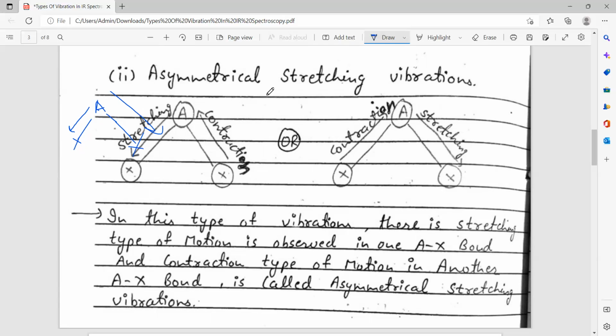So it is termed the asymmetrical stretching mode of vibrations. In this type of vibrations, a stretching type of motion is observed in one AX bond, and a contraction type of motion is observed in the other AX bond, and it is called asymmetrical stretching vibrations.